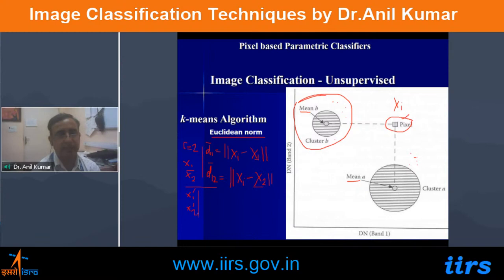So like this, it will go on doing iterations, and we have to define how many iterations we want to do. Suppose 10. So the algorithm will do 10 iterations, but parallelly we can assign one more condition, epsilon. Epsilon is an error, right? That is the shift of the mean, because the mean is shifting. Initially the mean was here, then the mean may come here, and in the same way this mean is shifting.